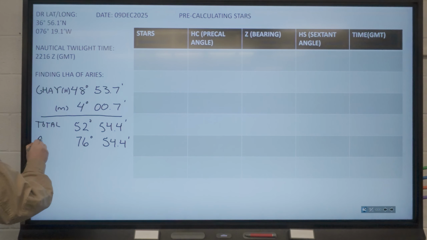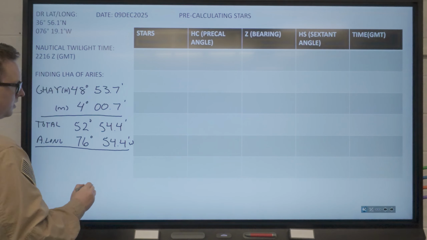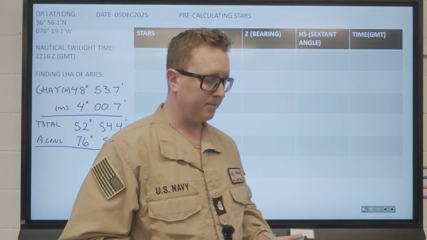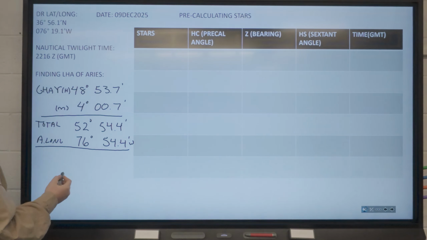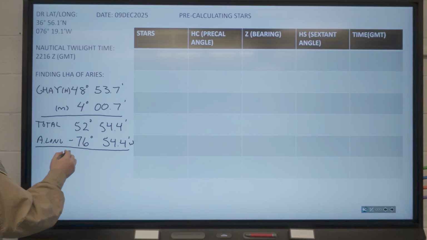And that'll be your assumed longitude. That'll come into question a lot more once we go to plot these sun lines, or star lines, excuse me. Since we're in Western Hemisphere, it'll be always subtracting. If it was east, it'll add it.